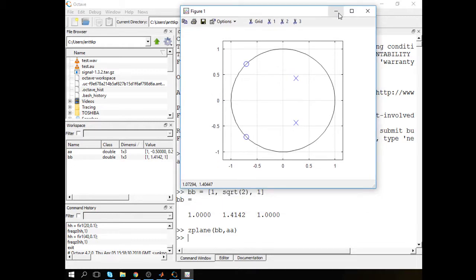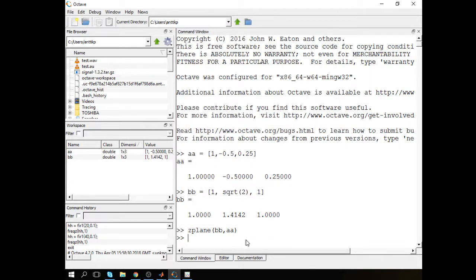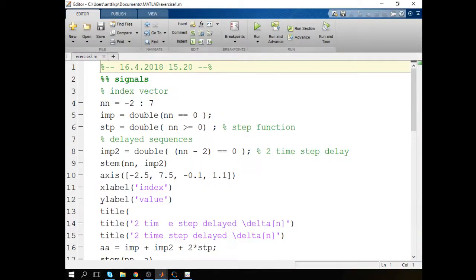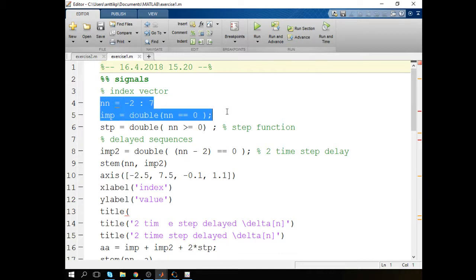So the z-plane is there. The next part is to calculate the impulse response. For the impulse response, let me take a look at the impulse function from Monday. Okay, impulse function, I have NN and then impulse.